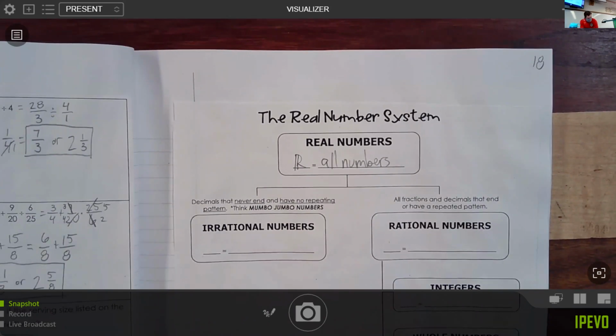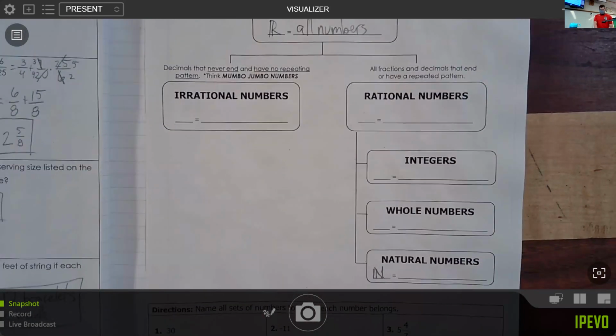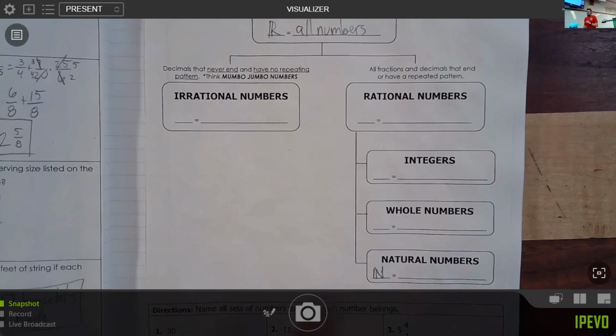Natural numbers, we're going to use a capital N, but just like with the R, I'm going to do a double line. Oops, you can't even see that. Just like with the R, we're going to do a double line, capital N. And these are your counting numbers. So if you're counting values, what's usually the smallest number that you start with? 1, exactly.